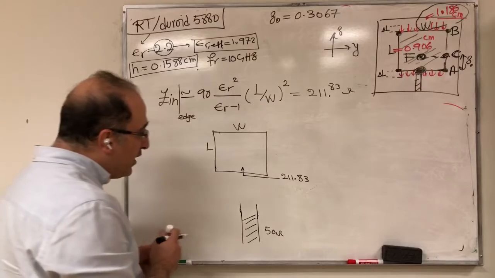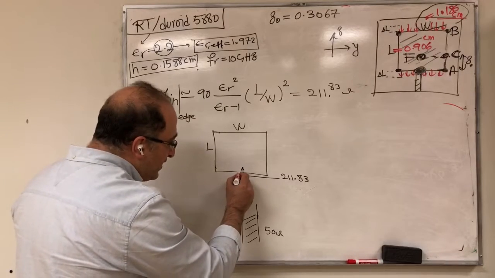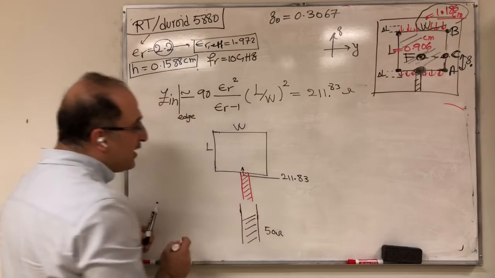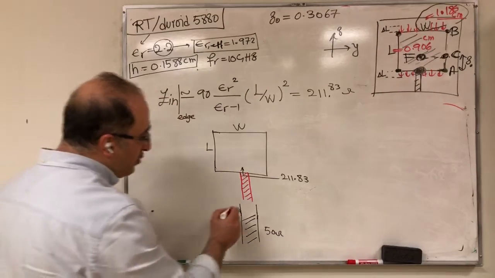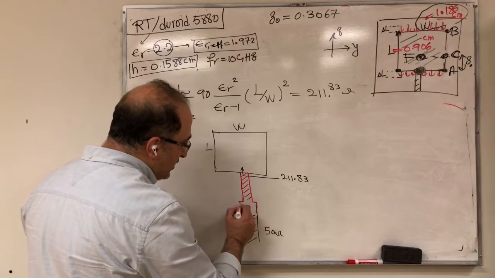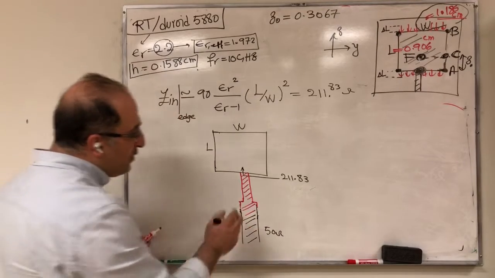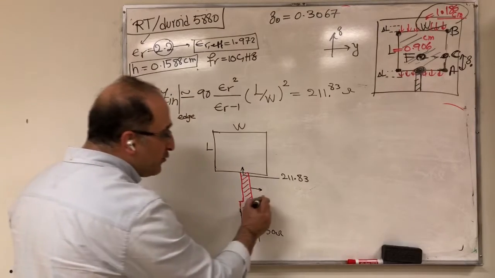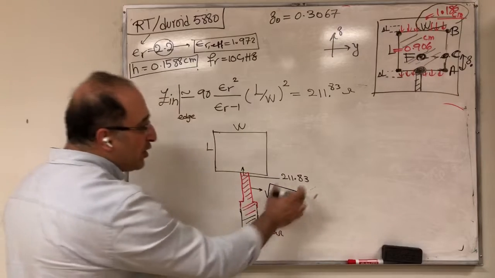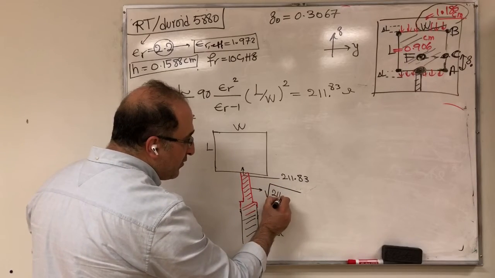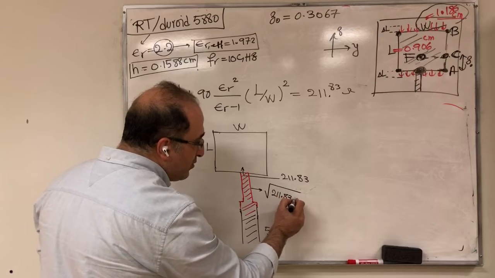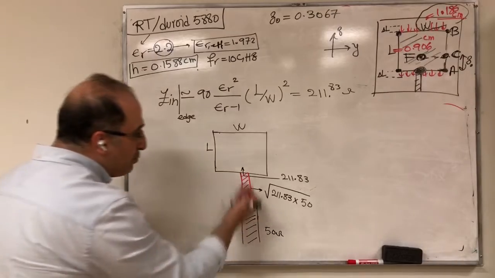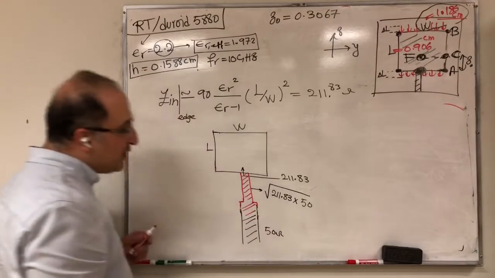So what I do is that I'm using an intermediate line here, and this intermediate line is a quarter wavelength transformer for me. So what happens would be, you go from your 50 ohm to a new characteristic impedance. And this characteristic impedance would be, as we talked, the square root of this 211.83 times this, which is 50. So if that happens, then I can match the input impedance here to the 50 ohm.